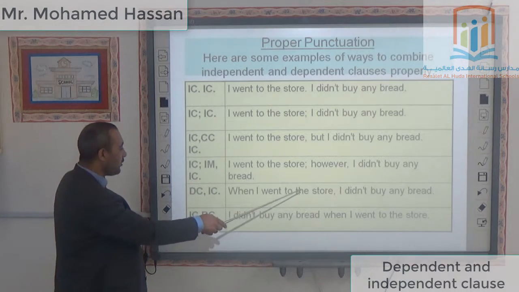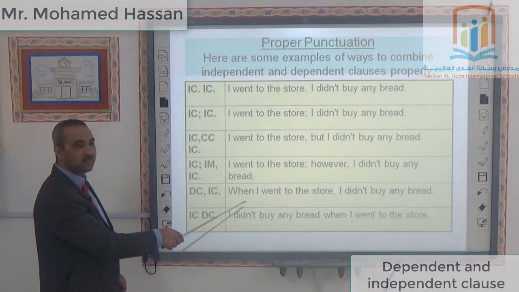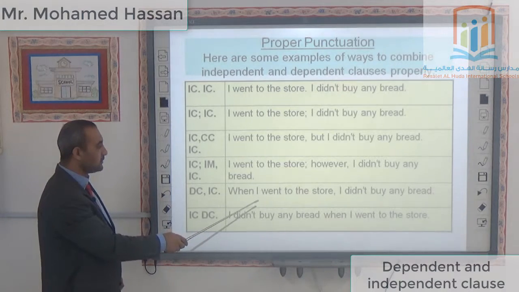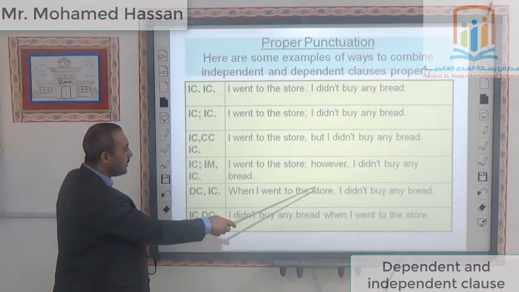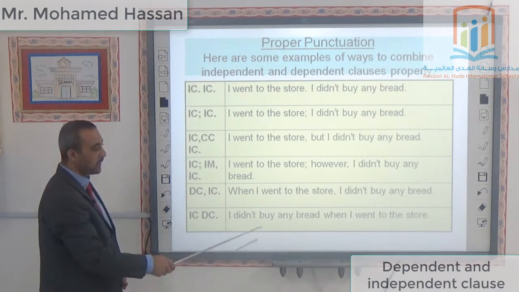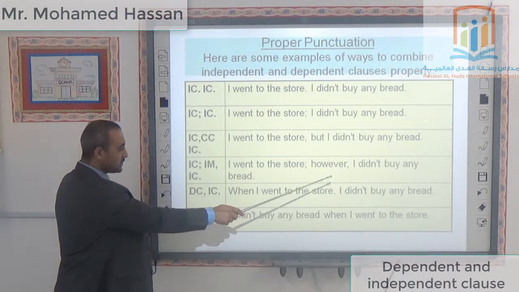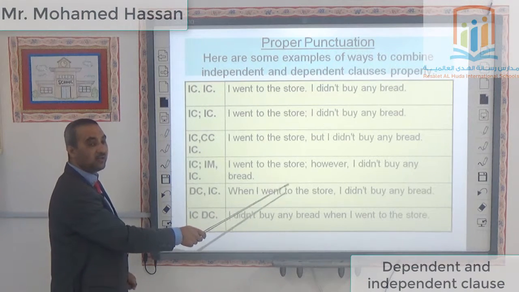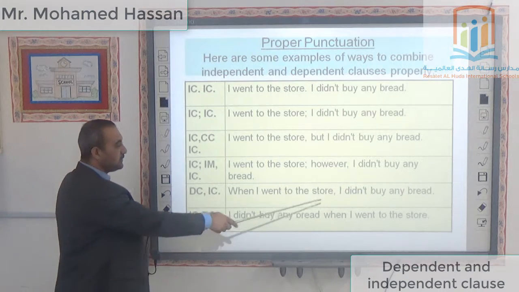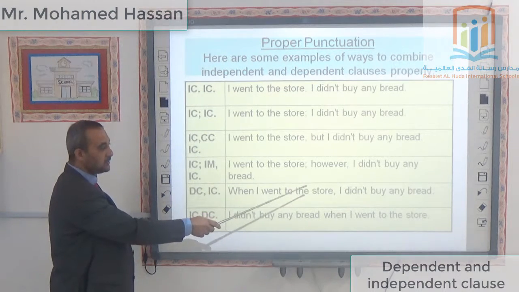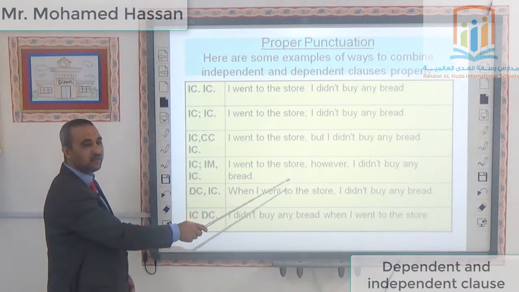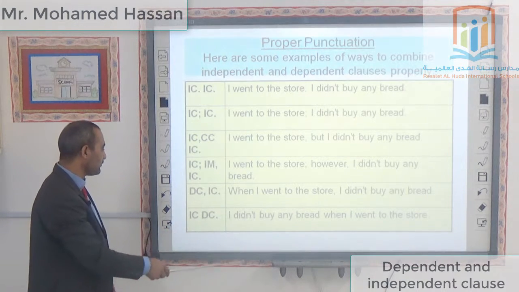When I went to the store, this is a dependent clause. It can't stand alone in a sentence, okay? Comma, I didn't buy any bread. I didn't buy any bread, this section is an independent clause. Why? It gives you a complete meaning. I didn't buy any bread. It can stand alone in a sentence, and so on.